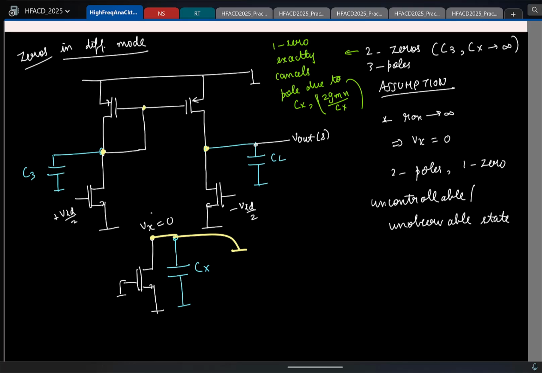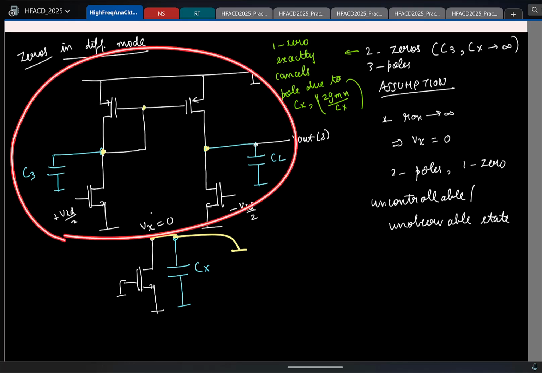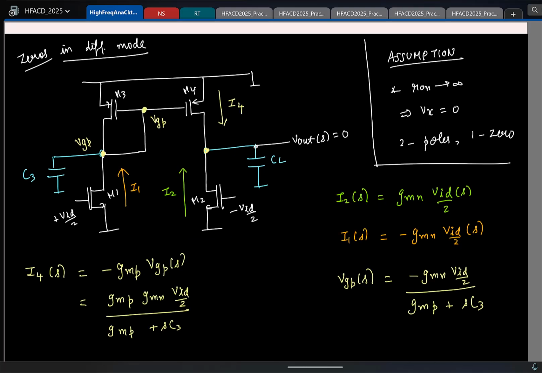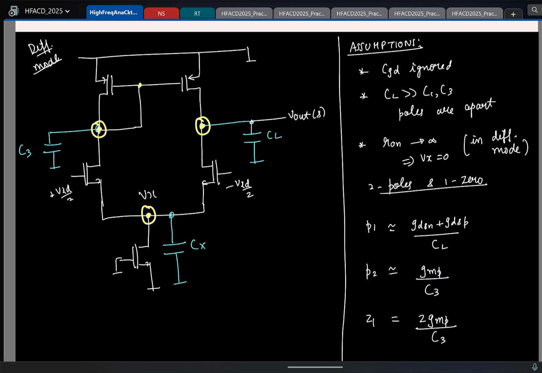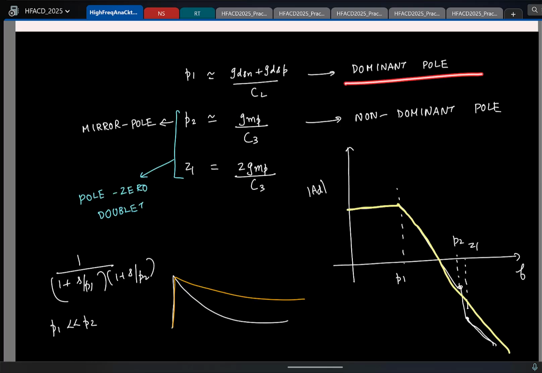Right? So we decided to use this simplified circuit and calculate the zero, and we did that. So finally we have only 2 poles and 1 zero, and in this, one pole is the low frequency pole. This is what we call the dominant pole, which means in practice we can approximate this transfer function as a first order system containing only one dominant pole.